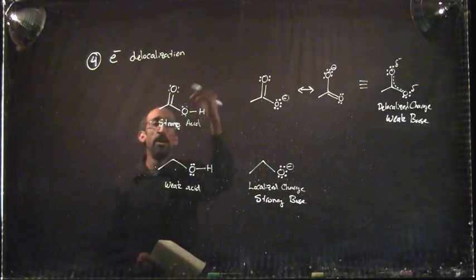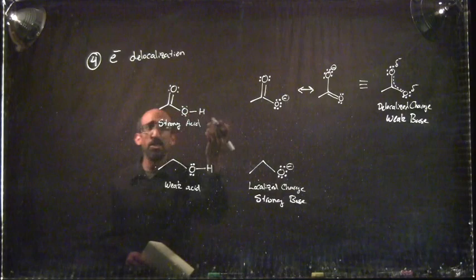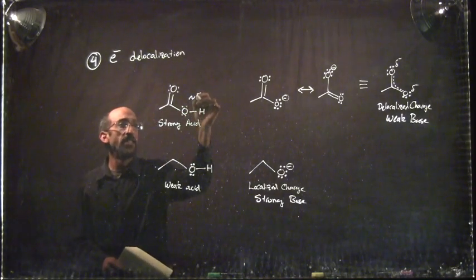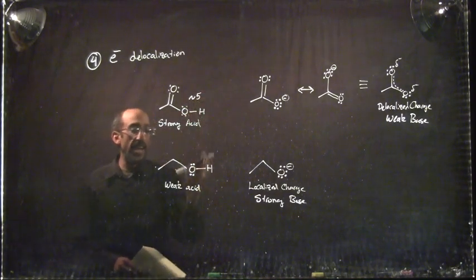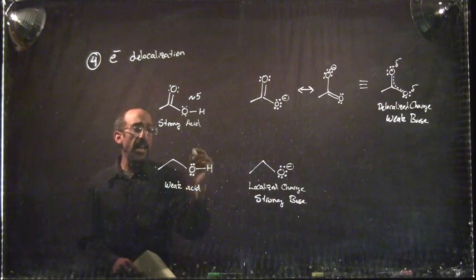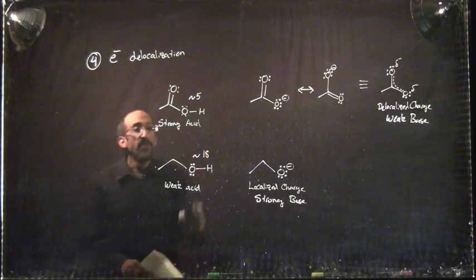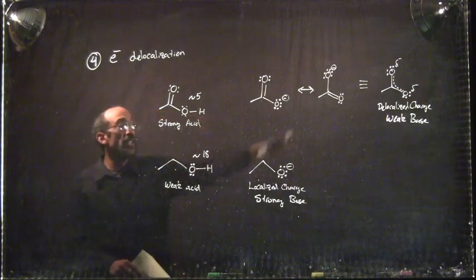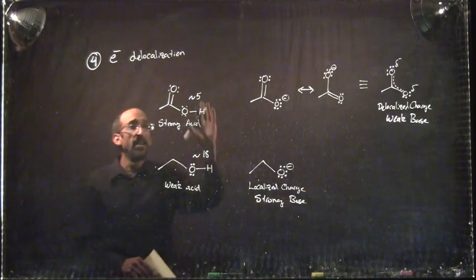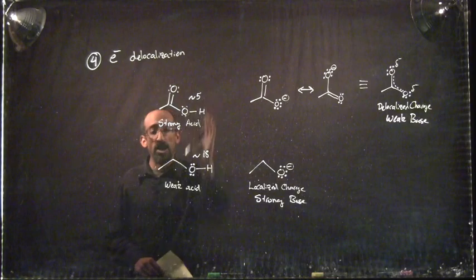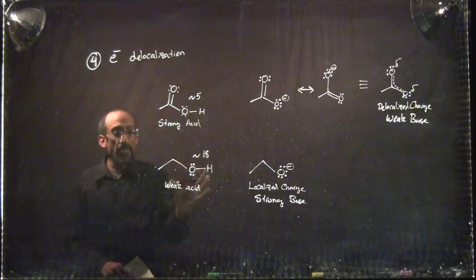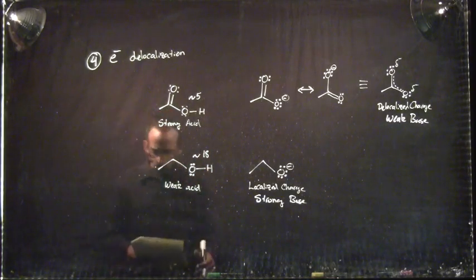So again, we know from our chart that the carboxylic acid pKa is approximately 5, and that our alcohol pKa, for our purposes, is approximately 18. This fits with what we've just seen here. Acetic acid is a stronger acid. Ethanol is a weaker acid.